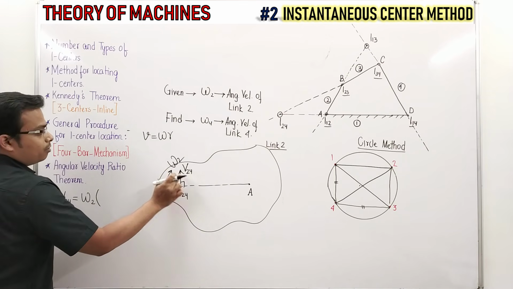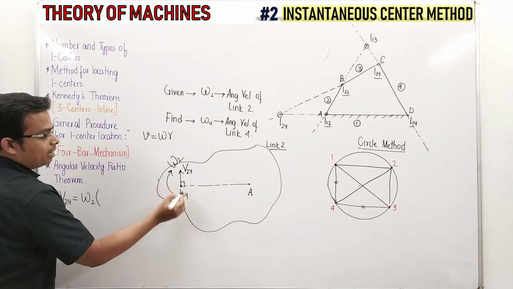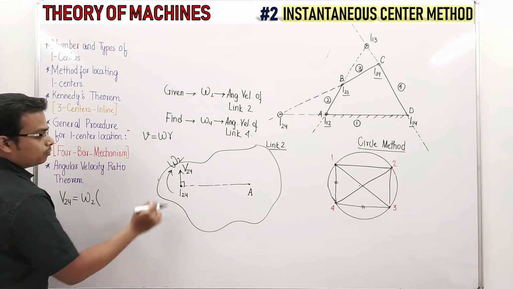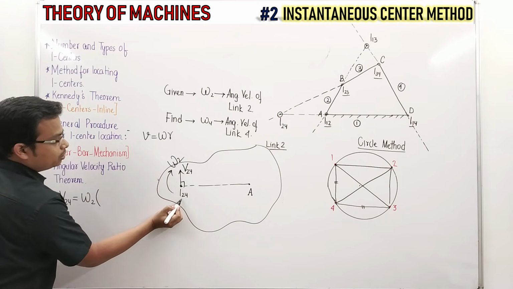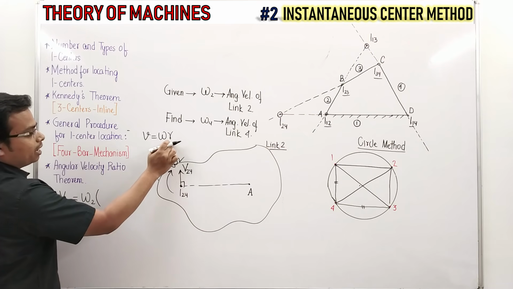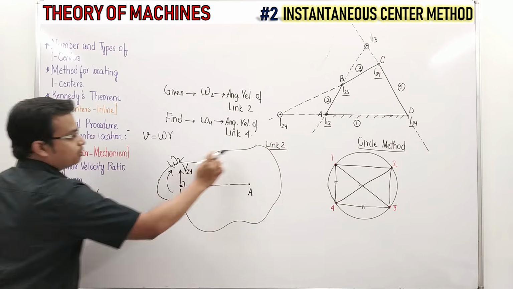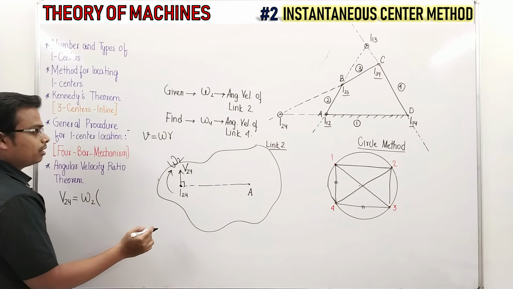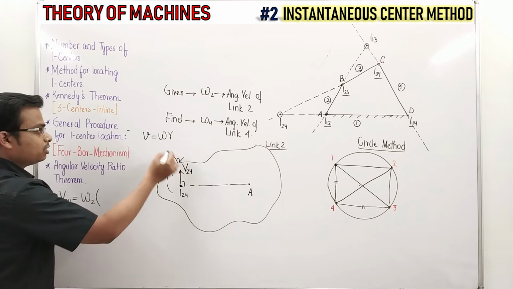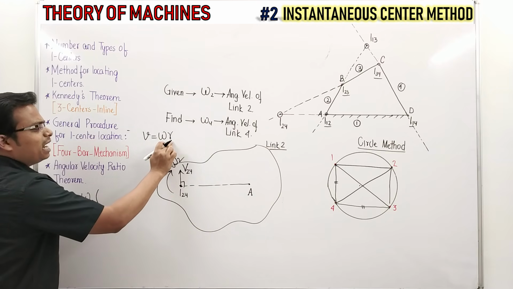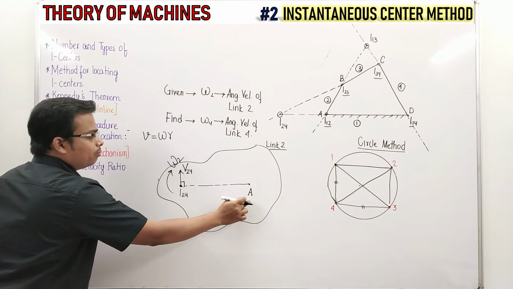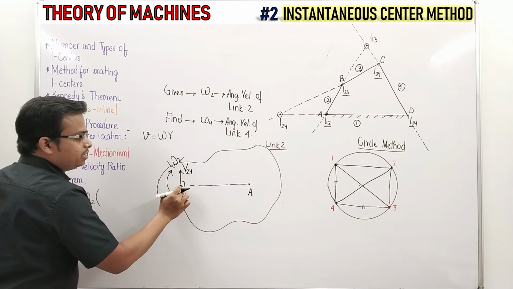Now, the velocity of a particle at instantaneous center I24, or simply the velocity of instantaneous center 24, is V equal to omega r. This I center is on link 2, so it has angular velocity omega 2 multiplied by the radius. This is the center of rotation and this is the instantaneous center.